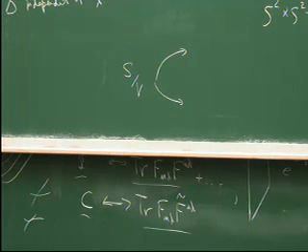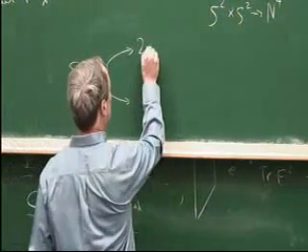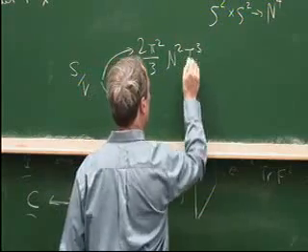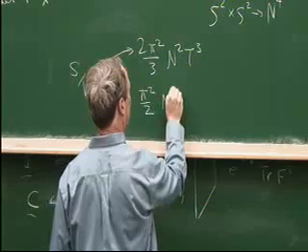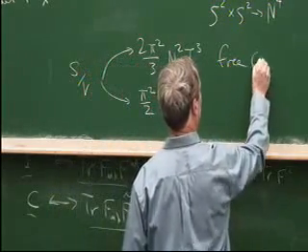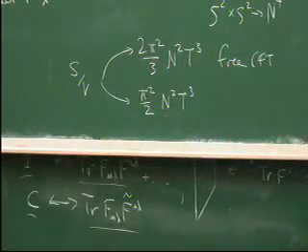if I copy this down correctly, this is 2 pi squared over 3 N squared T cubed and pi squared over 2 N squared T cubed. So this is free CFT, just counting up the thermal entropy of free fields.